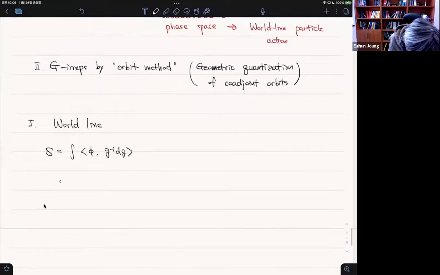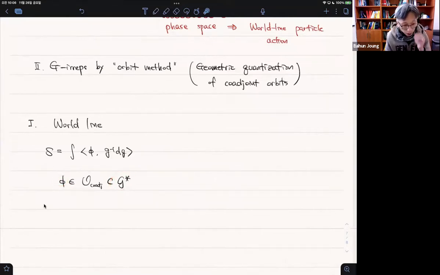Here, once again, phi is a specific element in G star, in a particular orbit, a certain Coadjoint orbit, which is again part of G star. In principle, we can just take any phi of G star.